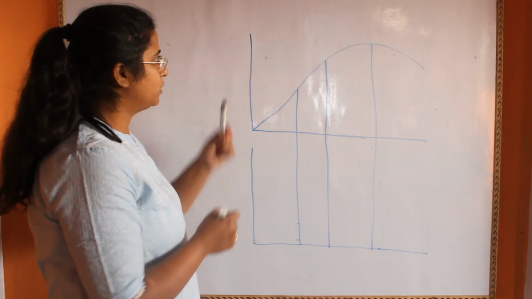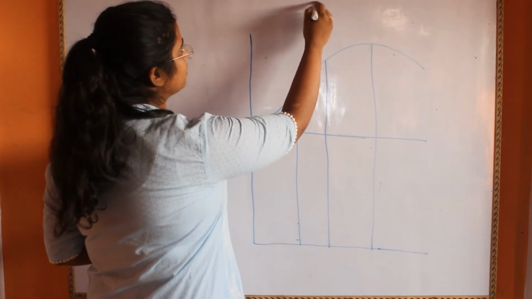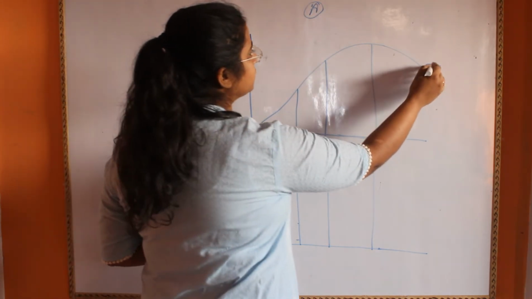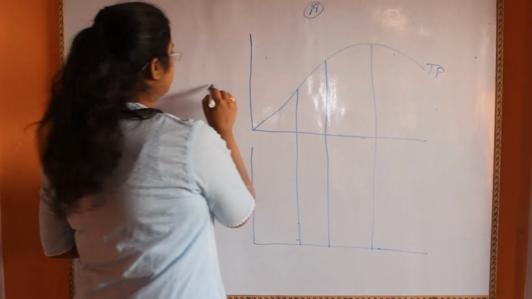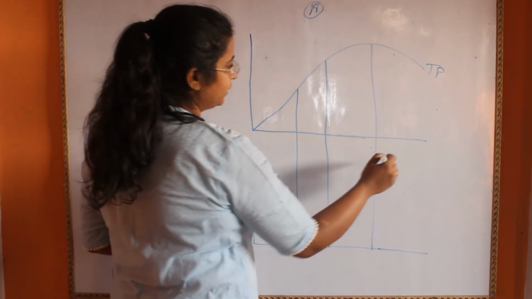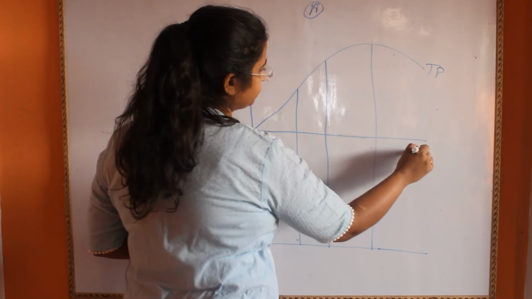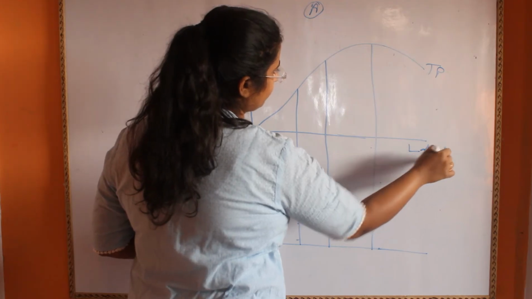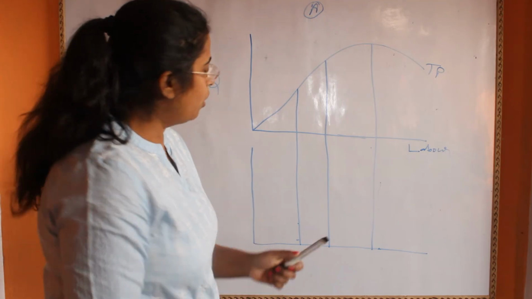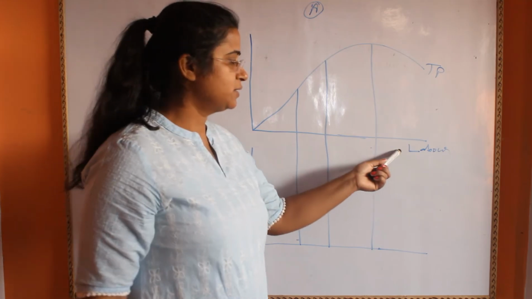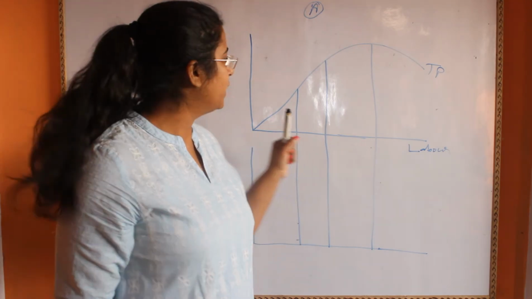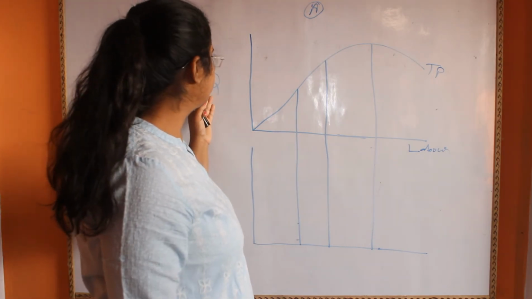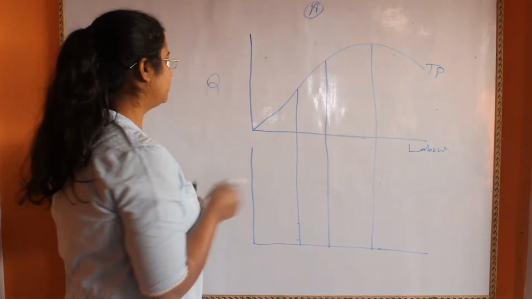Here panel A is for total product. Here you put output and here is labor. On the x-axis you put labor, and on the y-axis you put Q or TP.